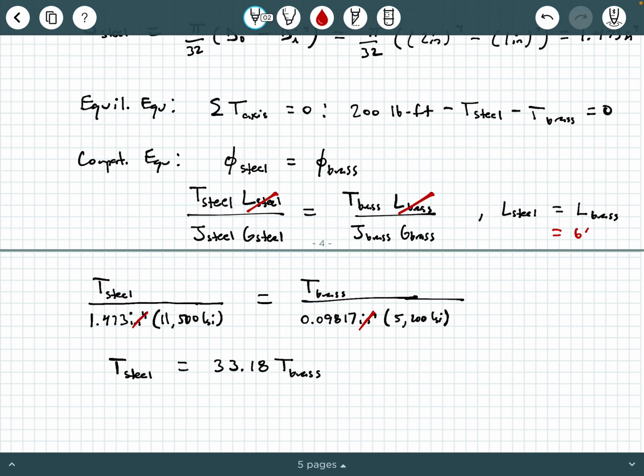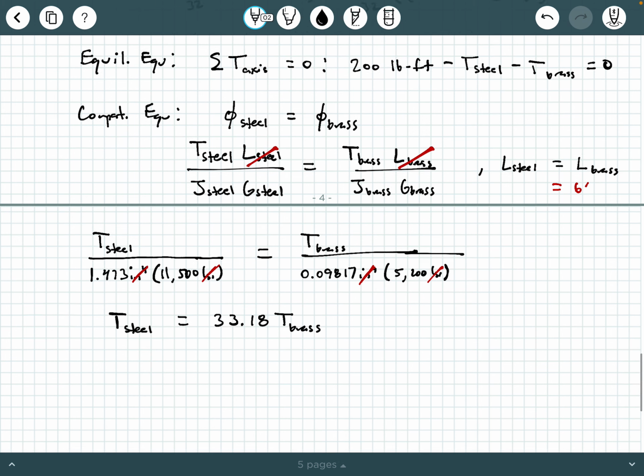You also have KSI on both sides of that equation, which cancel with each other. So this 33.18 is a unitless constant. So you have to be cognizant of these units, but you don't necessarily have to convert anything right now because the coefficient 33.18 is not carrying any units, okay?